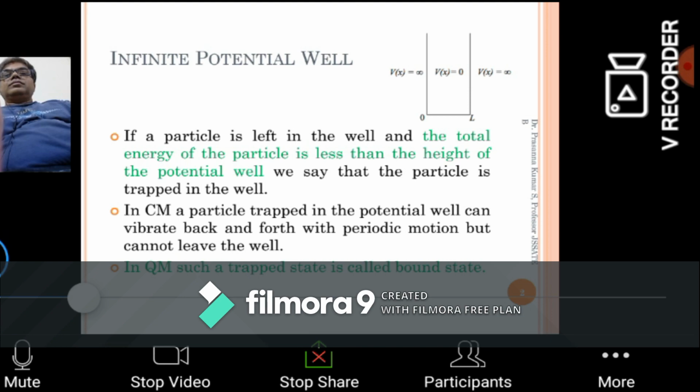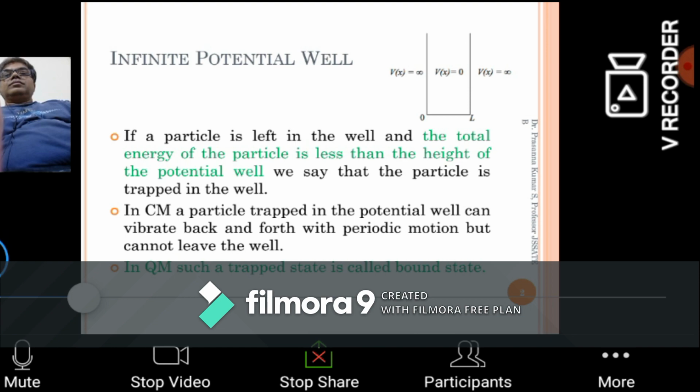If you imagine an electron tightly bound to the nucleus, there in the K shell, L shell, etc., it is not easy to remove. Only the valence electrons can be removed. Such a case of an electron tightly bound to the nucleus is called a particle in a potential well of infinite height.